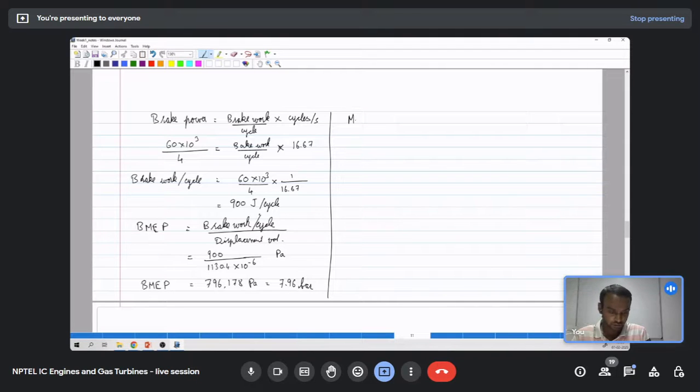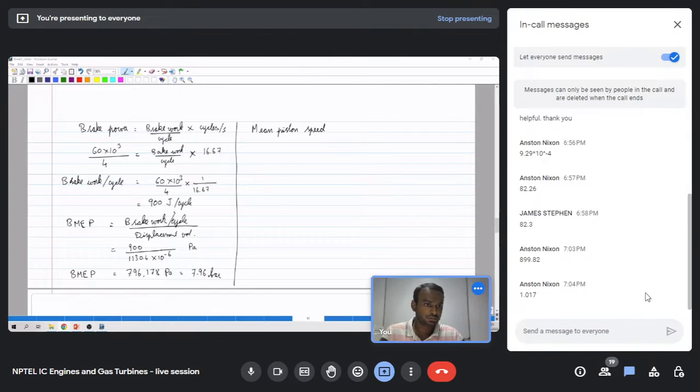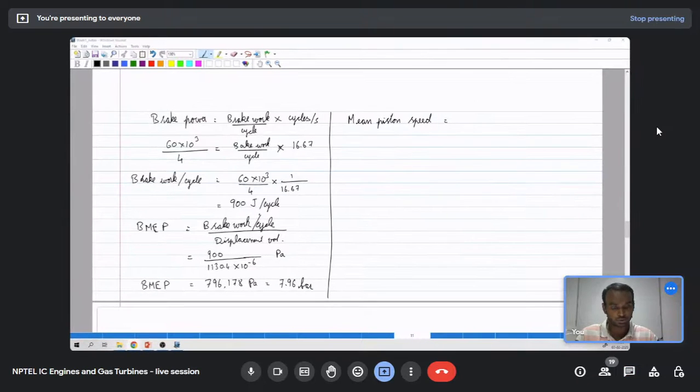Now we need to calculate mean piston speed. Can anyone tell me how I can calculate mean piston speed?